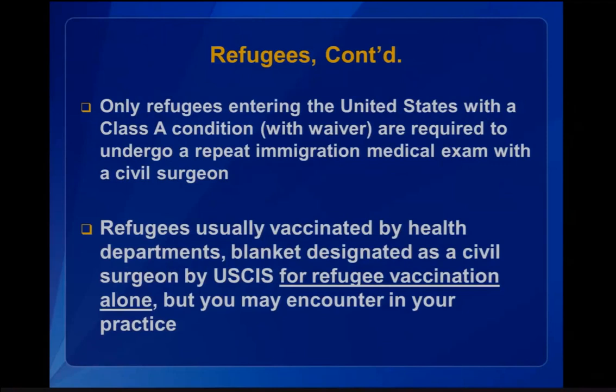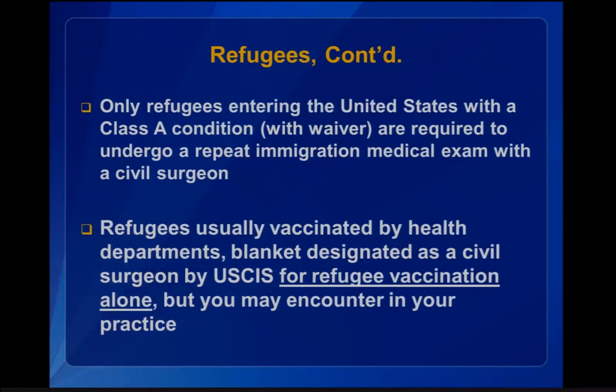And many refugees are vaccinated by health departments who have a blanket designation as a civil surgeon, and that's just for vaccination alone for refugees only. And many of these vaccines are going to be given at the refugee examination that occurs right after people come into the U.S. But then they can come back for further vaccines.